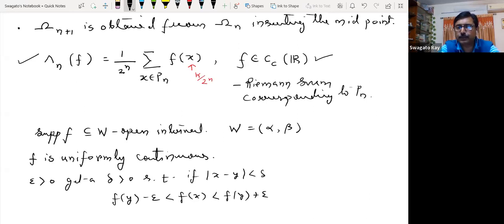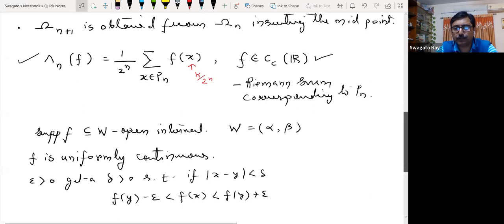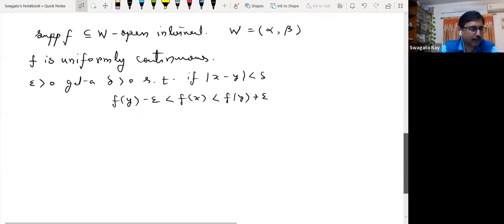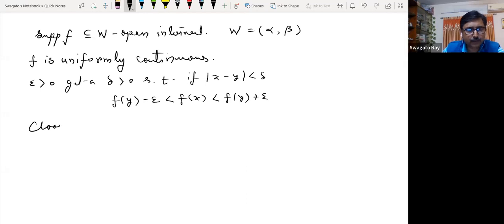Now what I do is the following. I choose a big N, such that 1 by 2 to the power N is strictly less than delta. And I'm now going to look at semi-open intervals whose length is 1 by 2 to the power N. So I say you better consider this.